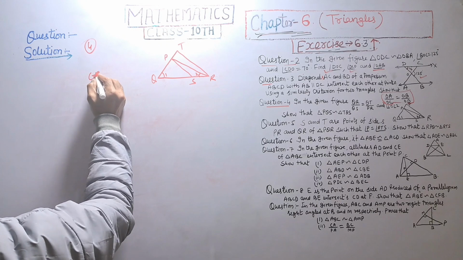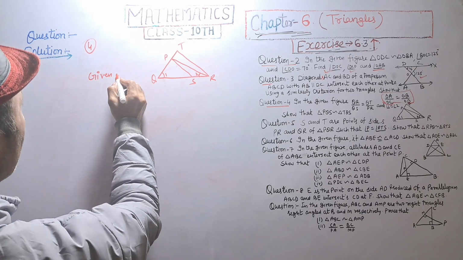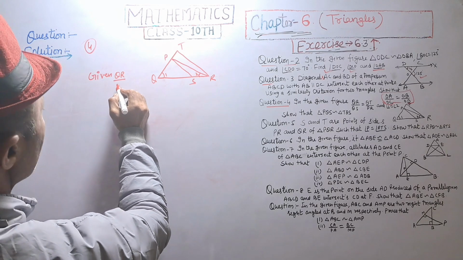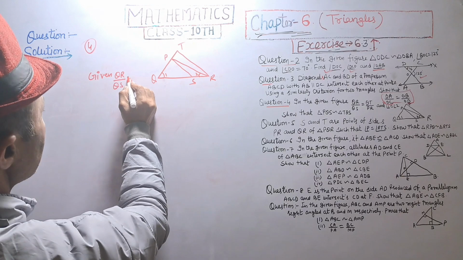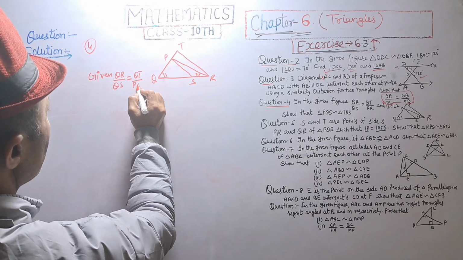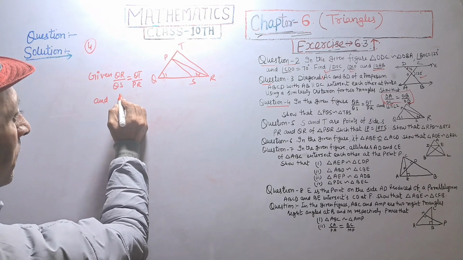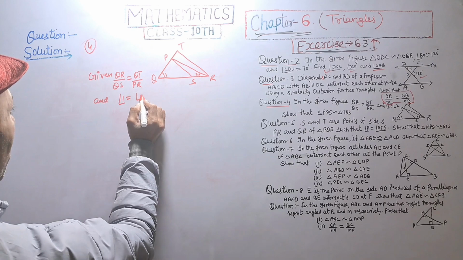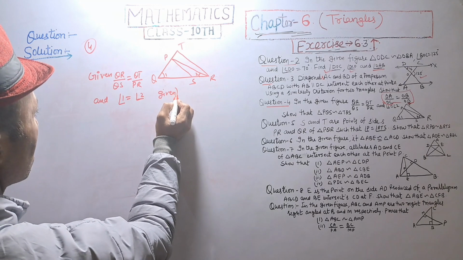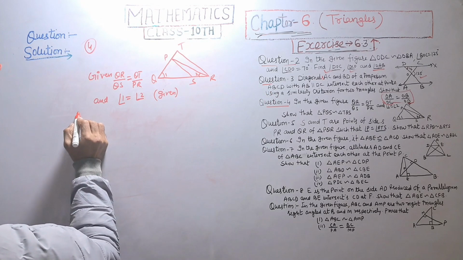Given QR upon QS is equal to QT upon PR, and angle 1 is equal to angle 2. It's given.